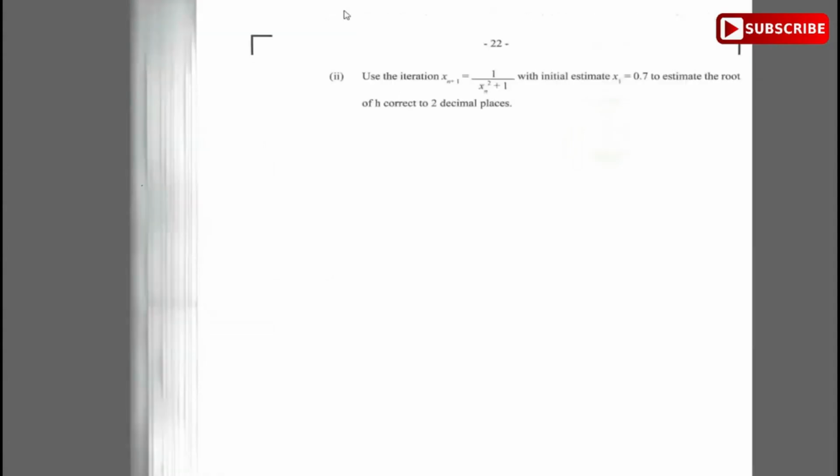So we're going to say, using this iteration, x2 is equal to 1 over x1 squared.